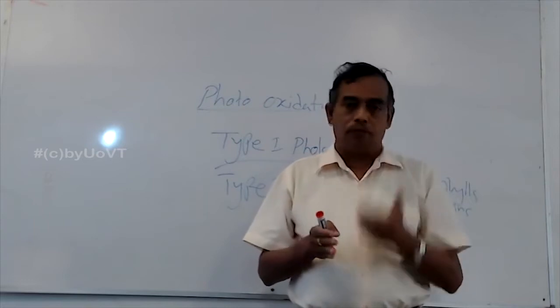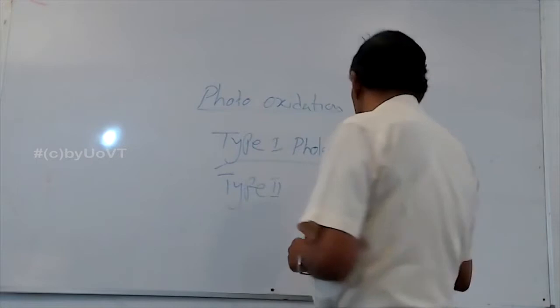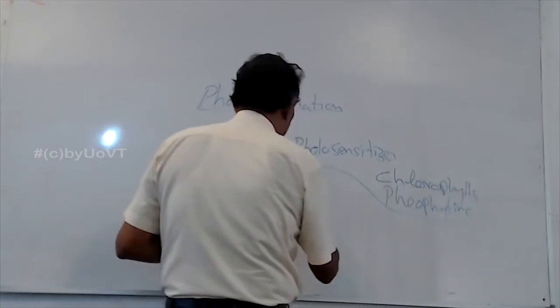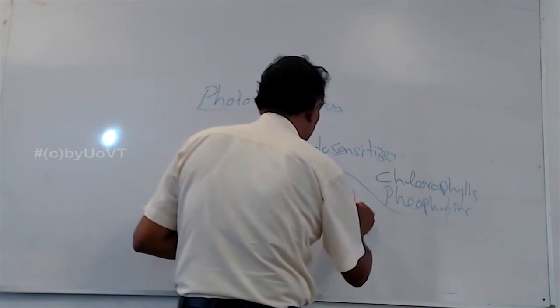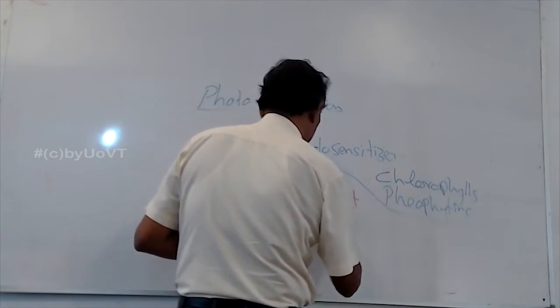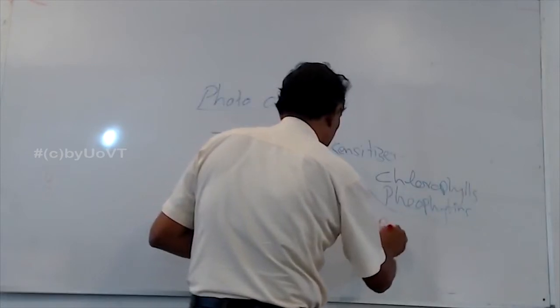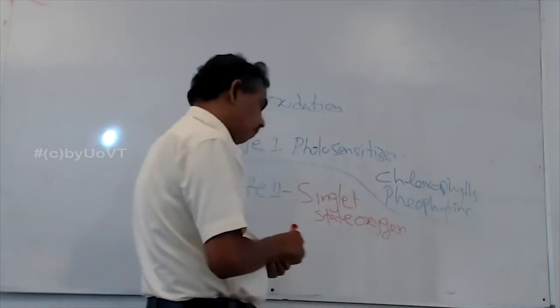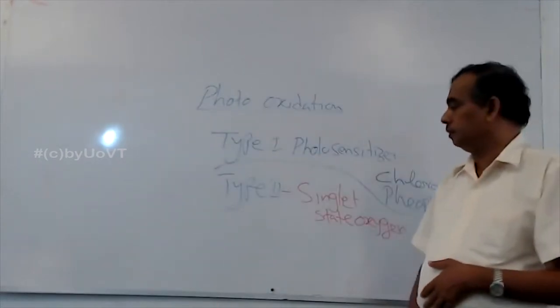So what is the type 2 photosensitizer? Here the type 2 photosensitizer is the singlet state oxygen. Singlet state oxygen.